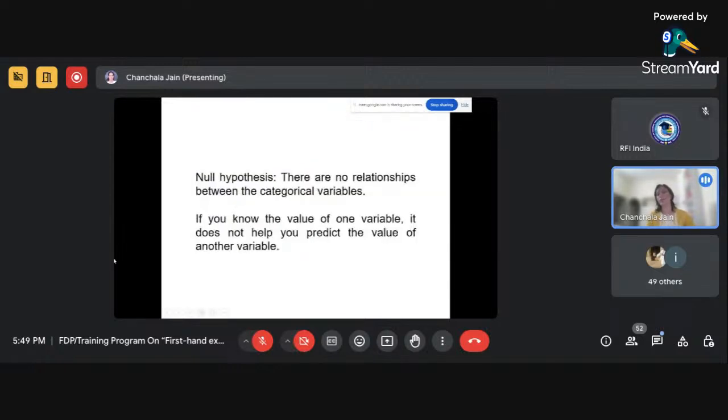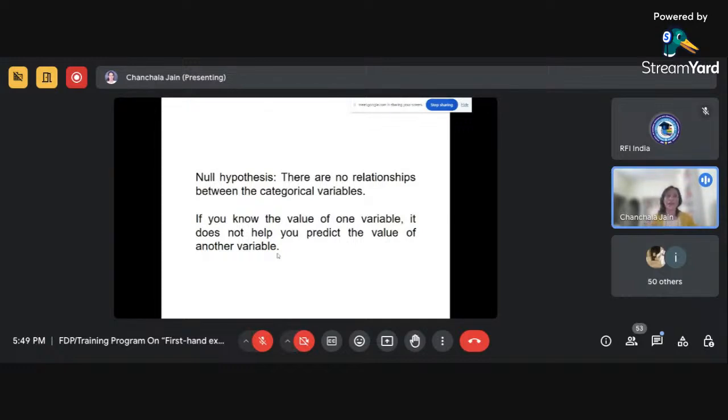So the hypothesis can be that there is no relationship between the categorical variables, and if you know the value of one variable, it does not help you predict the value of the other variable. Why have I written this line here? Whenever we talk about association, it sounds like a relationship, but association is generally for categorical variables.